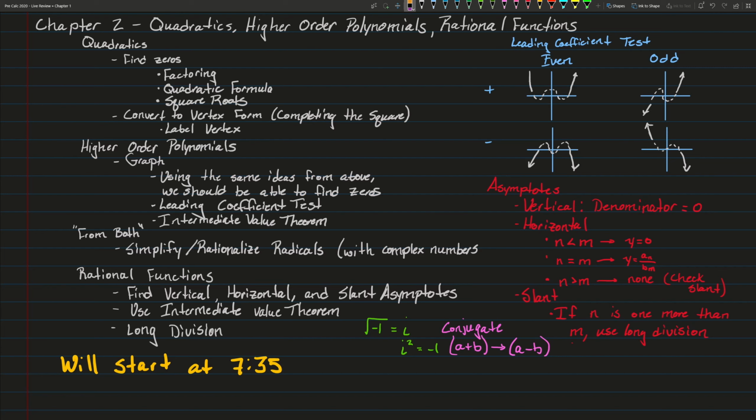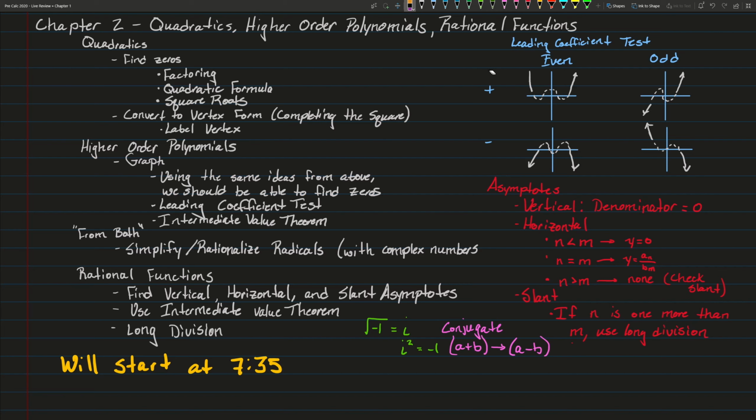Okay. So just as a quick recap, I'll go in and get started. It's 7:35. So this test covers chapter 2: quadratics, higher order polynomials, and rational functions. There we go. So three major topics in this chapter. There's quadratics, which you all should know how to do. That's all from algebra 2.